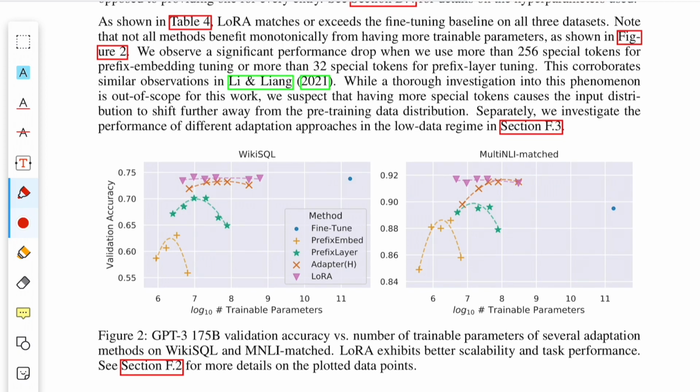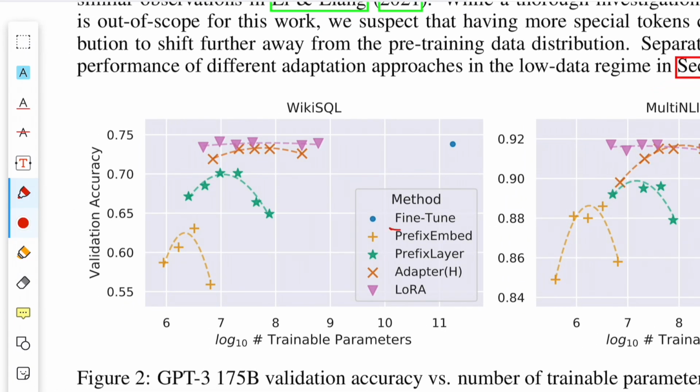The author compared different methods. Let's look at the first diagram. The first one is fine-tune. Let's first look at the x-axis and the y-axis. The x-axis is trainable parameters.